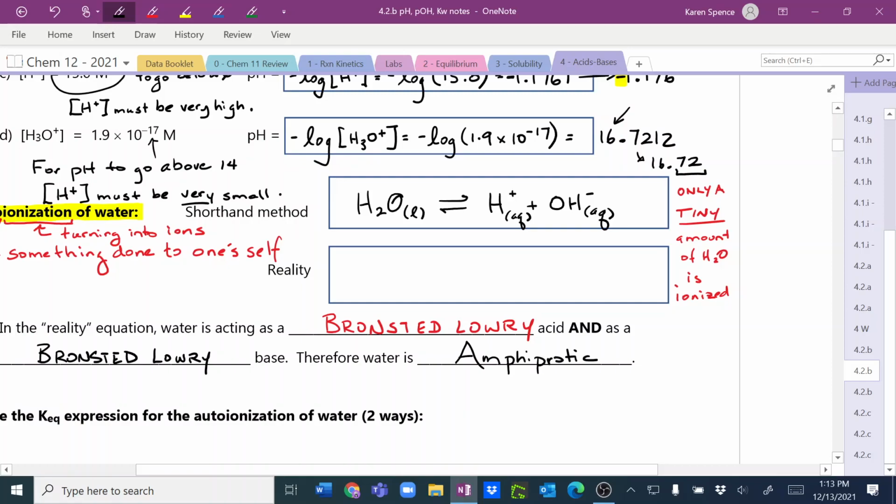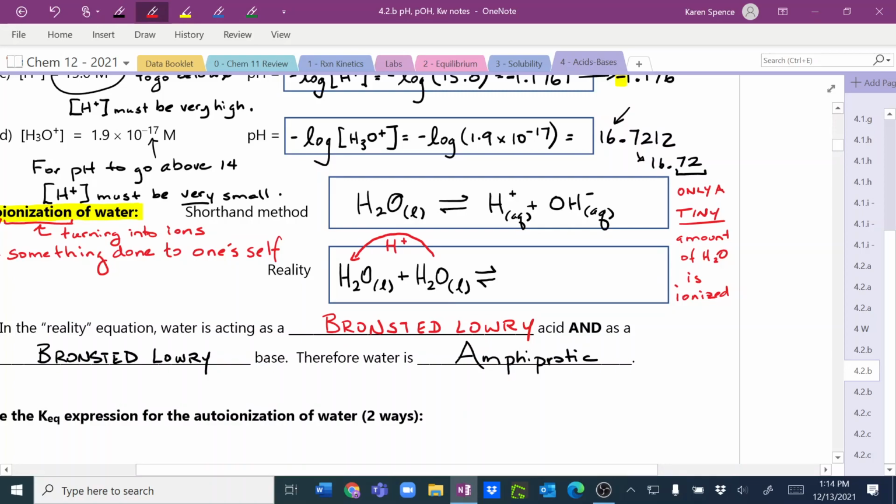So let's look at what that would look like. Like I said, these boxes are killing me. They're way too small, so I'm going to write little skinny letters as much as I can. H2O, liquid, plus another H2O, liquid. And we're going to have a hydrogen move from one water to the other water.